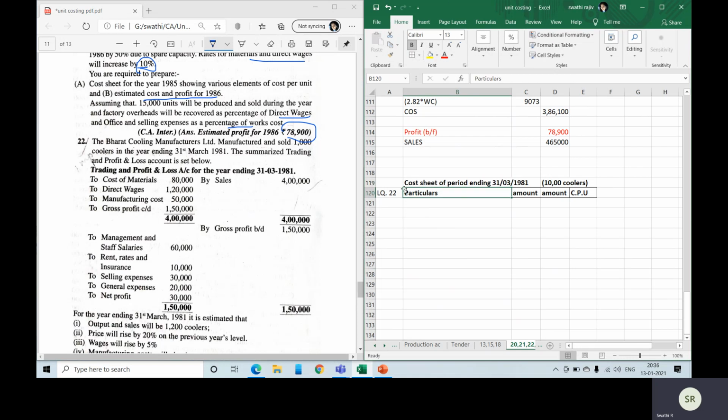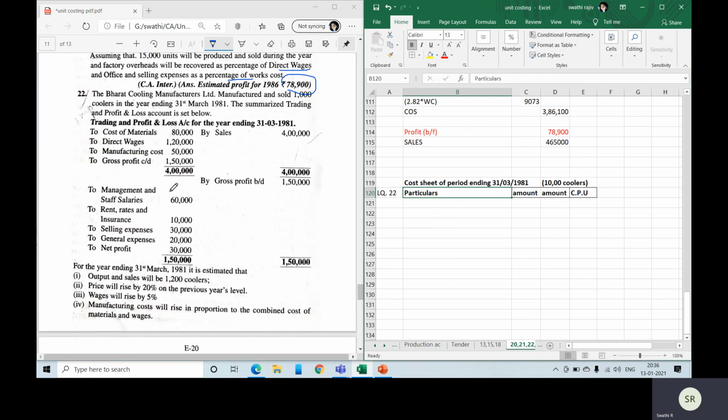And you can write the cost sheet for the period of Bharat Cooling Manufacturers. The summarized trading and P&L, a similar question we had actually done for a cost sheet as well. I think it was question number 3. The profit and loss account is set below.